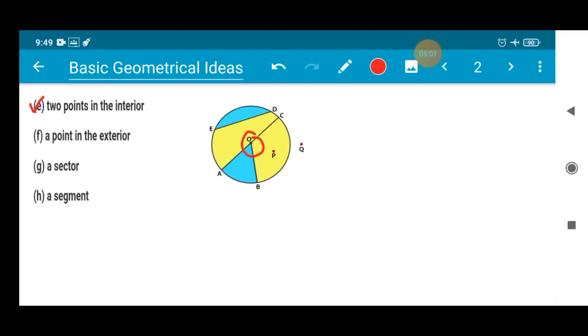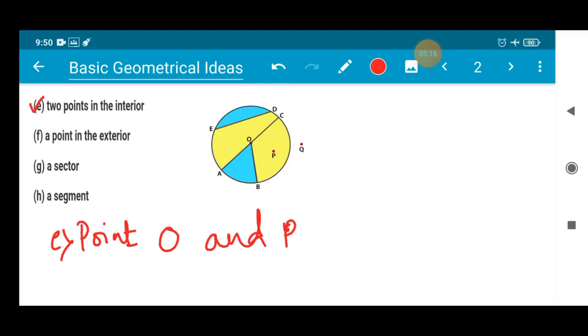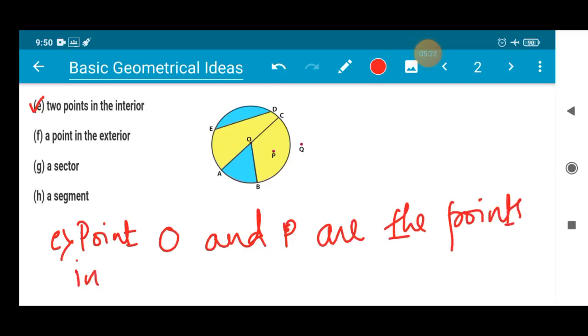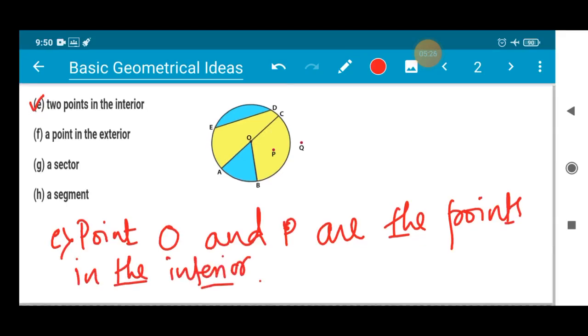From point O we started drawing radii and the diameter. And the other point is point P, which is also alone there. So points O and P are the points in the interior region of the circle. Very simple.